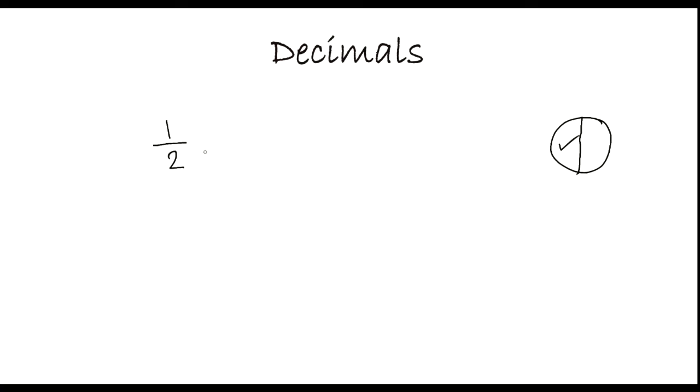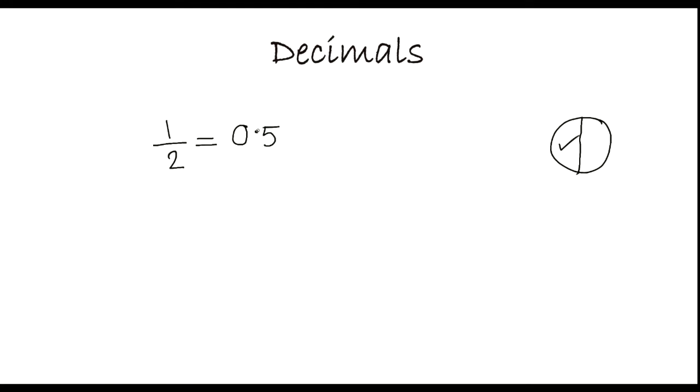One way to express the part of a whole number is fractions, and the other way is decimals. This fraction is equal to this decimal, 0.5.